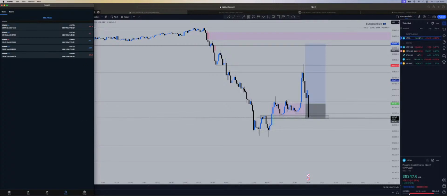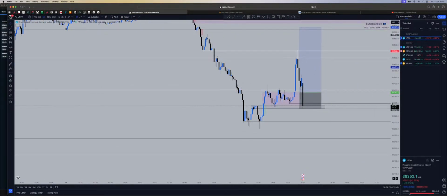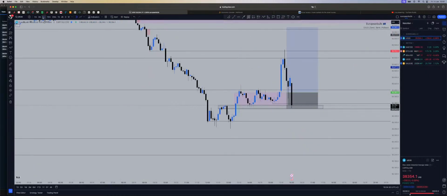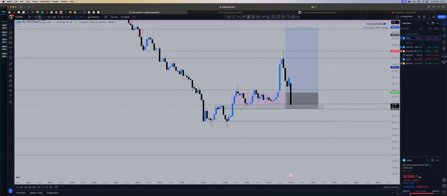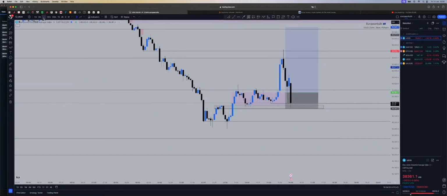I just took it on this account because I don't want to risk my FTMOs on this trade. And that is okay. So -1 hour for today.